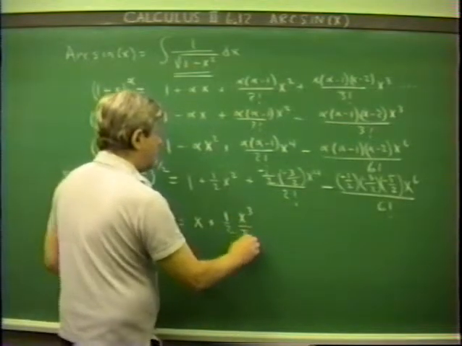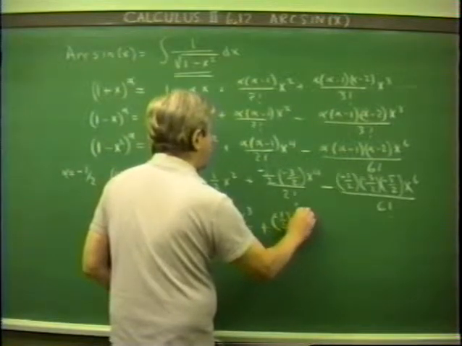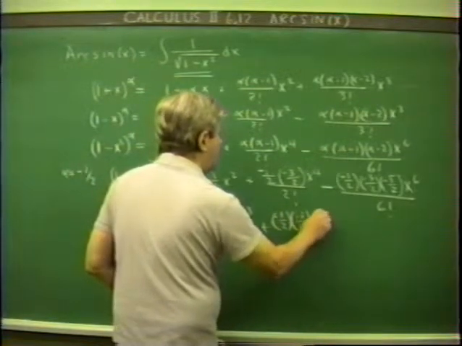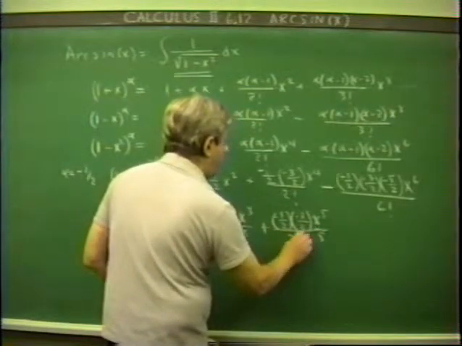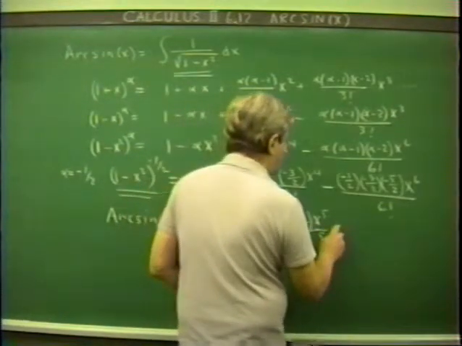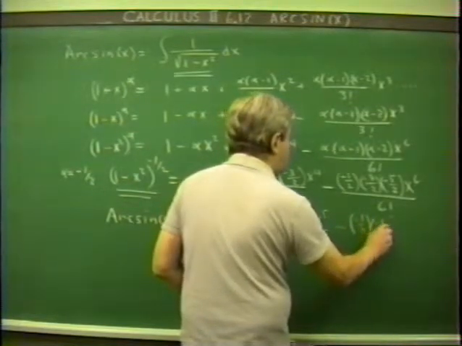Right? And so an antiderivative here is going to give you x plus 1/2. Now we're going to have x cubed over 3 plus minus a half times minus 3/2 x to the 5th over 5, and this is also times 2 factorial.